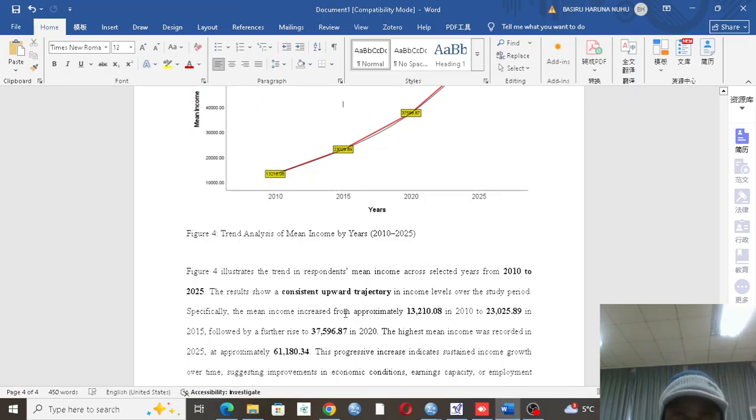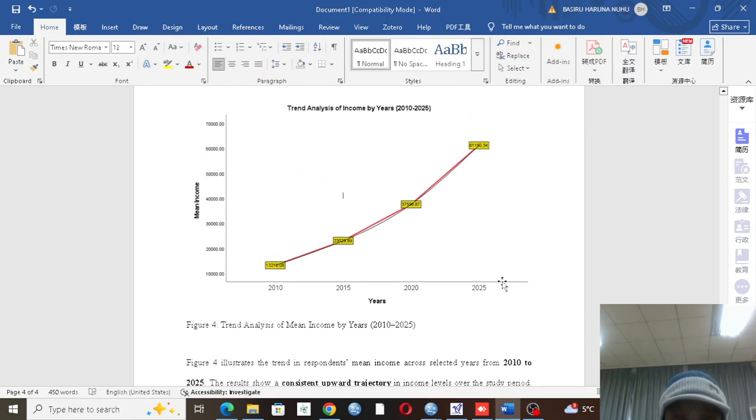Specifically, the mean income increased from approximately this value in 2010 to this particular value in 2015, followed by a further rise from 2015 to this particular value in 2020. The highest mean income was recorded in 2025 at approximately 61,180.34.